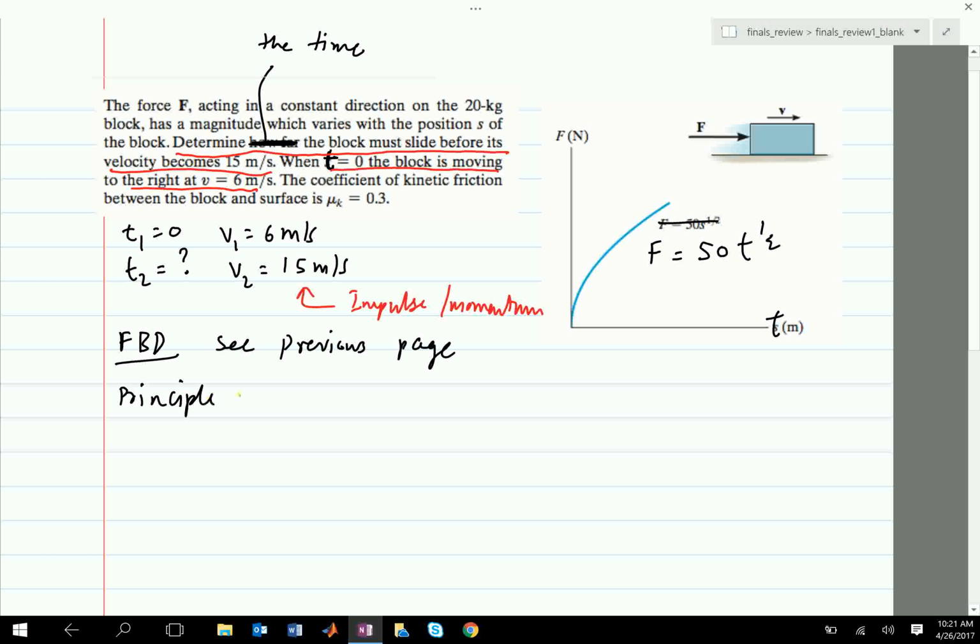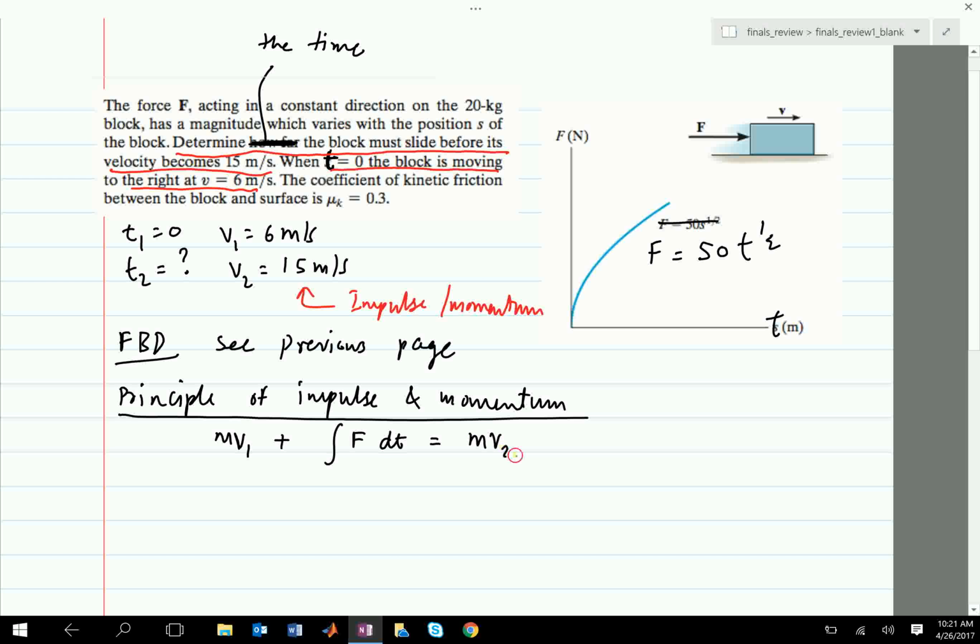Principle of impulse and momentum. What's the principle of impulse and momentum? It is mv1 plus the integral of F dt equals mv2.